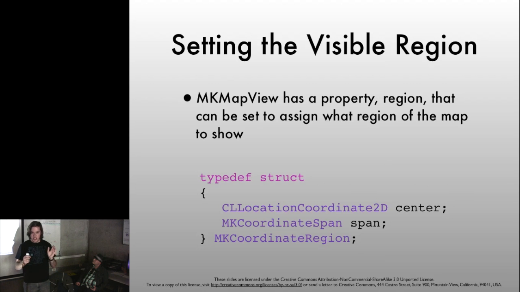If you give it a region whose aspect ratio is different from the aspect ratio of the view itself, it will normalize it so that way you can't give it squashed maps based on the size of the view. So it will always appear normal in the map, it does that automatically for you.